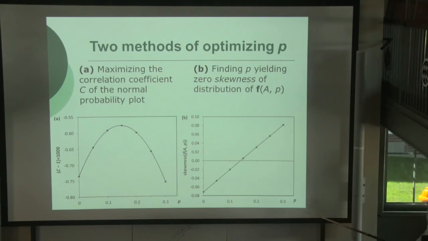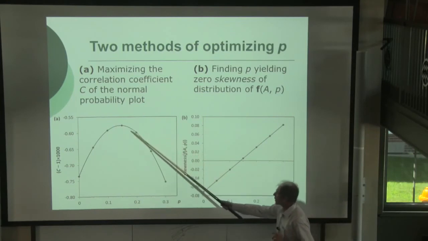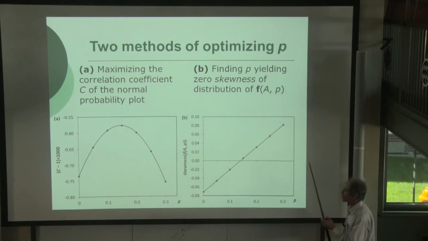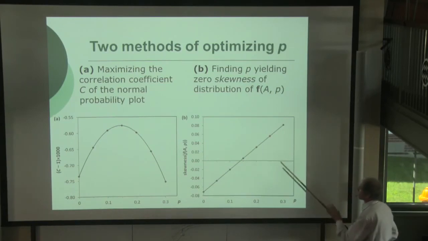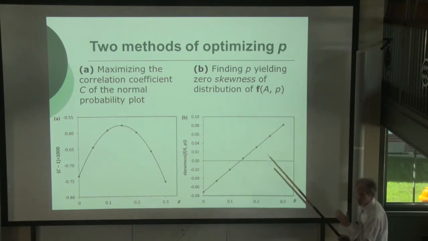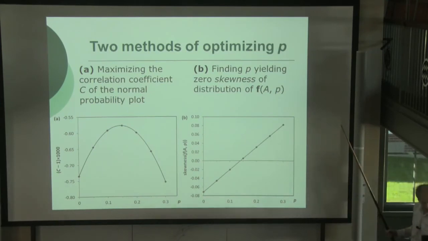You can do that using strictly defined procedures, like finding the maximum of the correlation coefficient of this normal probability plot, or another method is to minimize the skewness, or find the point where the distribution is symmetrical. It is not universal, but in this case it did work the same way.